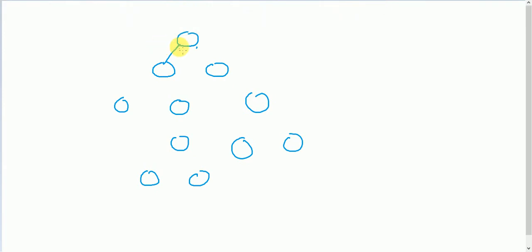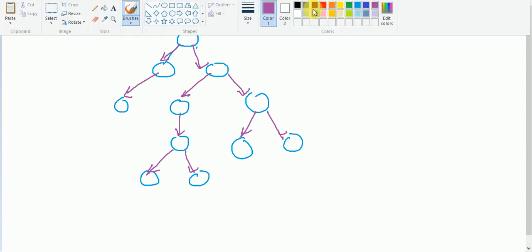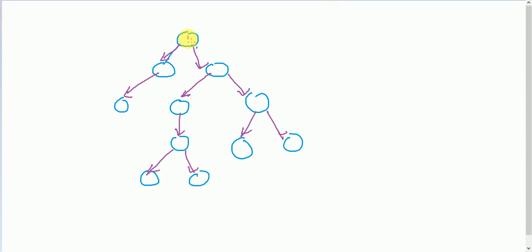You can also draw along with me. So let's say this is a particular tree I've drawn, and I'm giving some numbering here: 1, 2, 3, 4, 5, 6, 7, 8, 9, 10 and 11. This is the root of the tree.